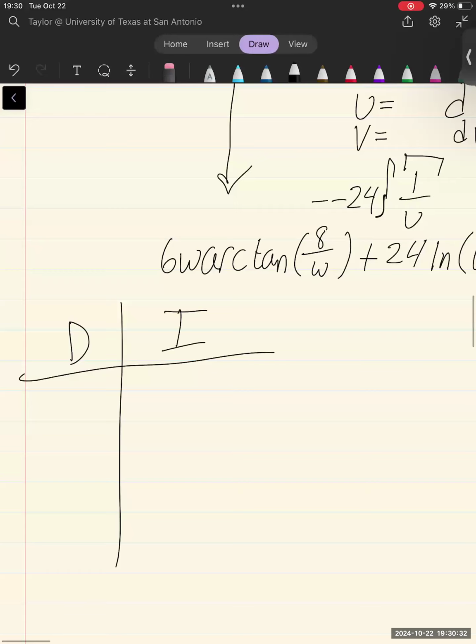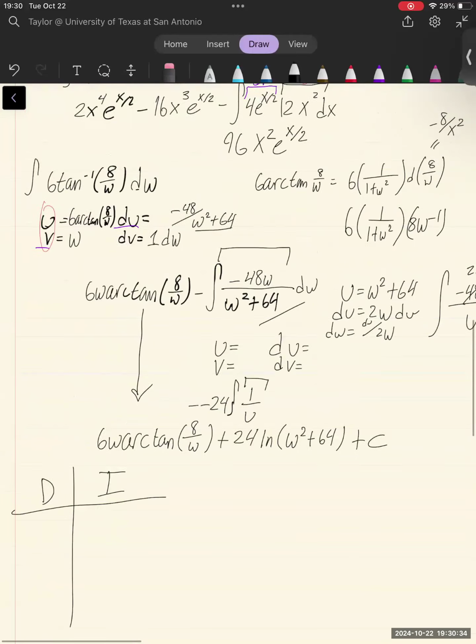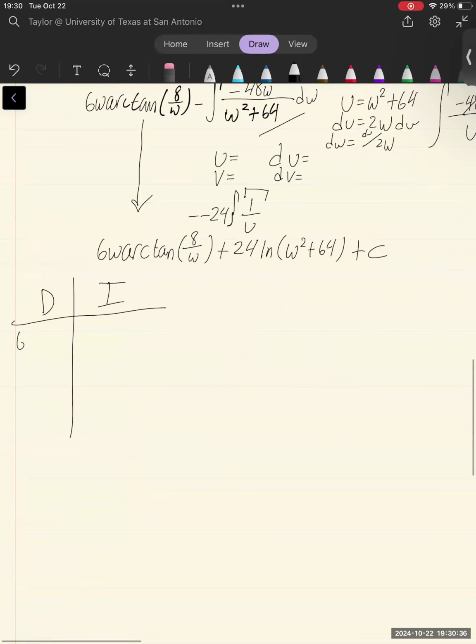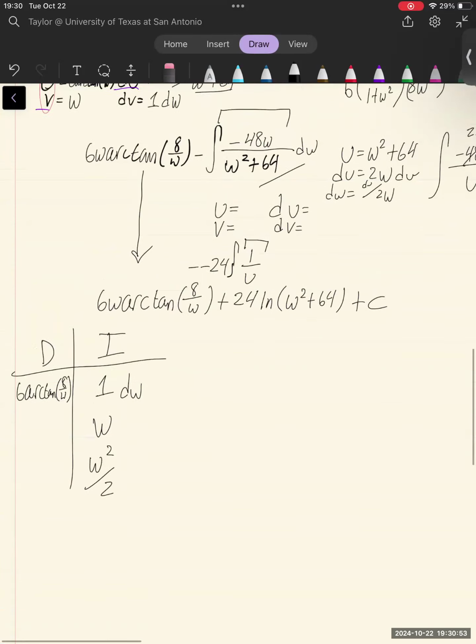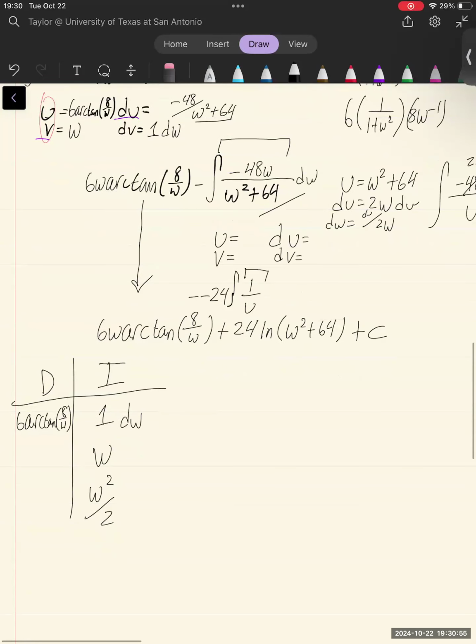Okay, so our differentiation term from the beginning was 6 arctan 8 over w, and our integration term was 1 dw. So then this becomes w. This becomes w squared over 2. The derivative of this becomes negative 48 over w squared.